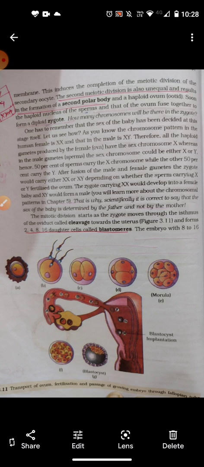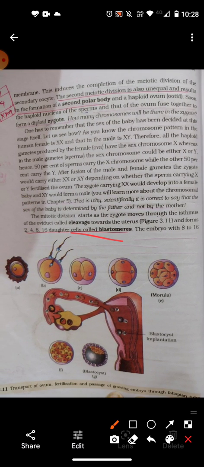Second, we are going to discuss the blastocyst. Formation of blastocyst: the morula differentiates into a blastocyst, also known as blastodermic vesicle or the blastula.